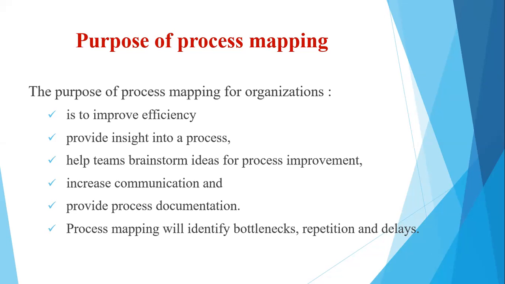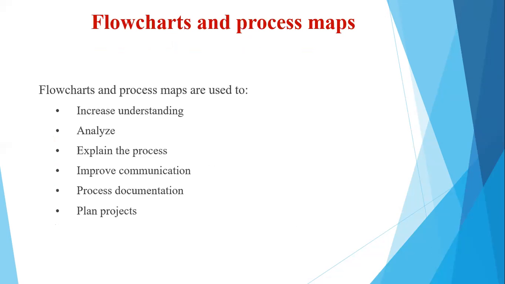Also, it helps you to visually communicate the important details of a process rather than writing extensive directions as to what is to be done. So for the purpose of process mapping, we will be using flowcharts and process maps.